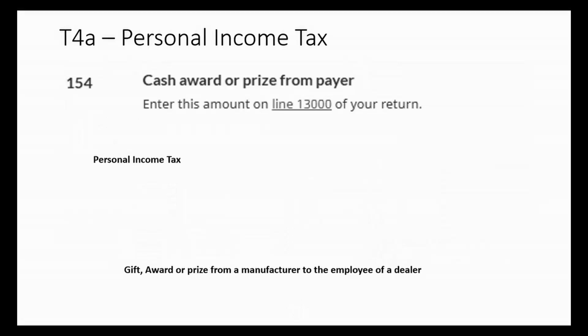Code 154 has to do with cash award or prize from the payer. This is from the employer. So this could be a gift, an award, or prize from a manufacturer, for example, or the employee of a dealer or dealership.